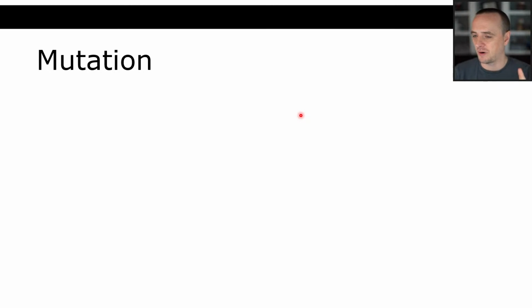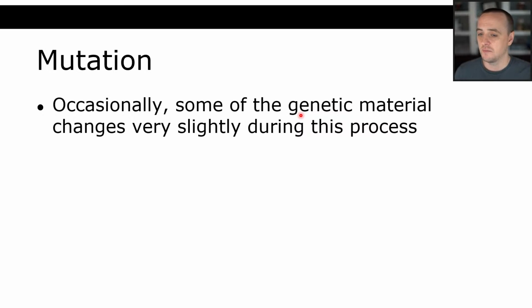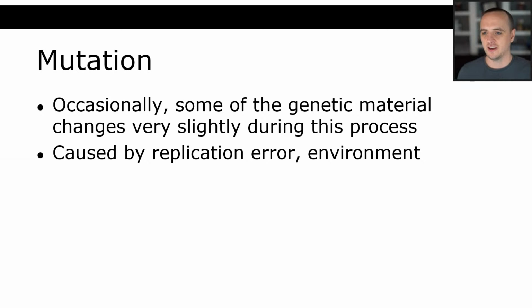So one of the last parts of this whole thing: we've got reproduction, we've got selection, we've got mutation. Occasionally, some of the genetic material changes very slightly during the process. That can happen either by replication error or by the environment. So essentially, you've got the sperm and the egg, or you've got the algorithm, whatever.